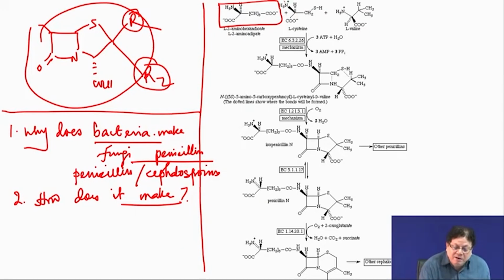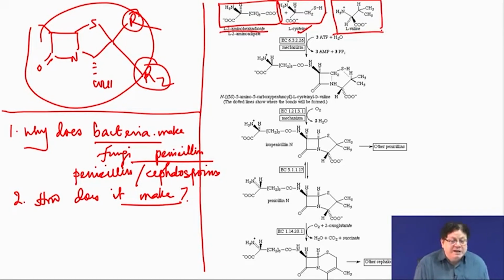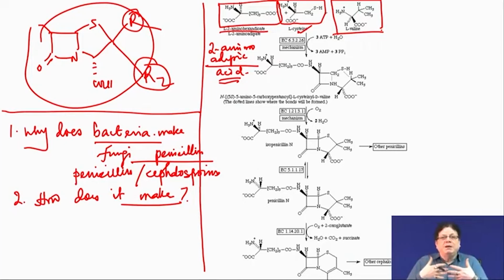There are 3 amino acids: L-cysteine, L-valine and L-2-aminoadipic acid. Okay. So, these 3 amino acids combine to form a peptide. Amino acids combining through carboxy and amine means they are forming peptide bonds. So, 3 amino acids combined means you get a tripeptide. So, this will be the tripeptide that you get.